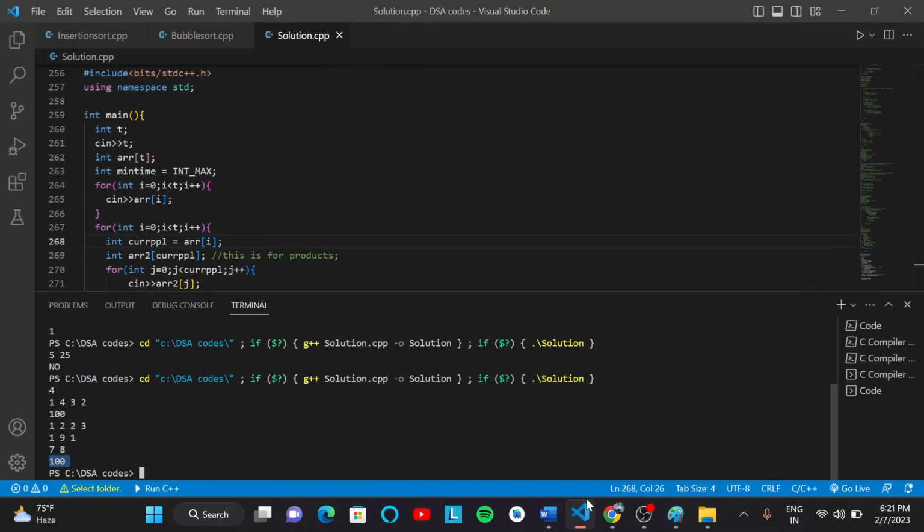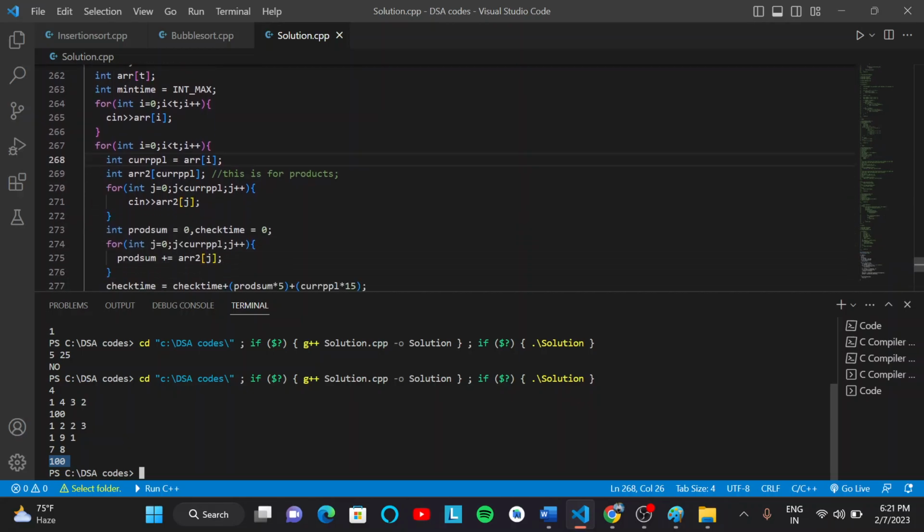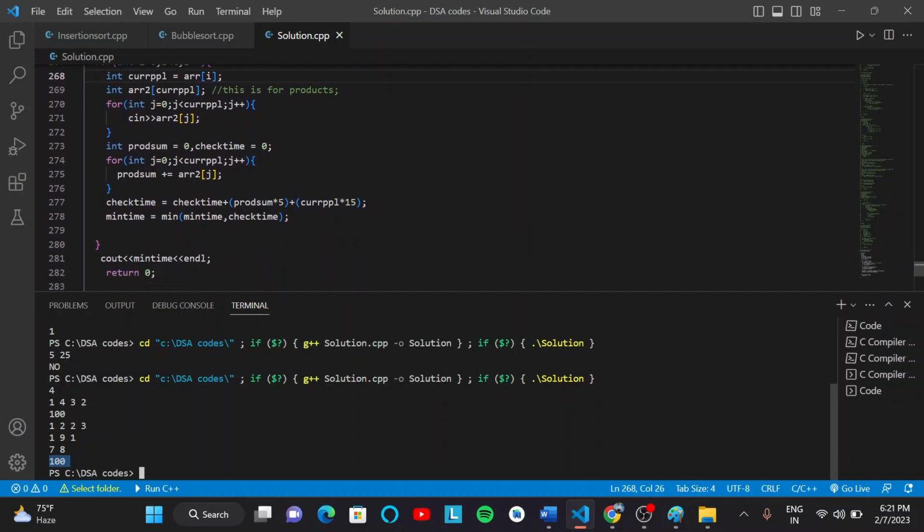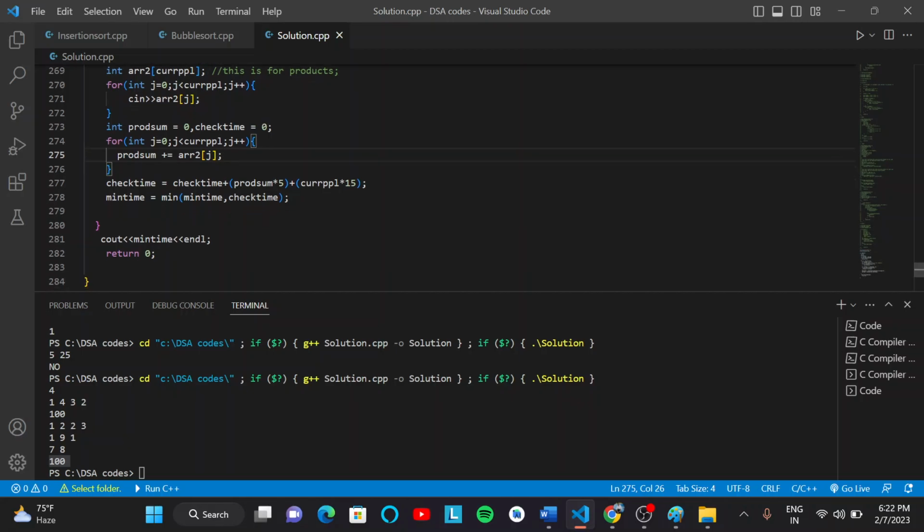So we will jump to the code part and take inputs, and here we will store the sum of products for each individual window, multiply the product sum by 5, and multiply the number of people on that window by 15, and we want the minimum time.